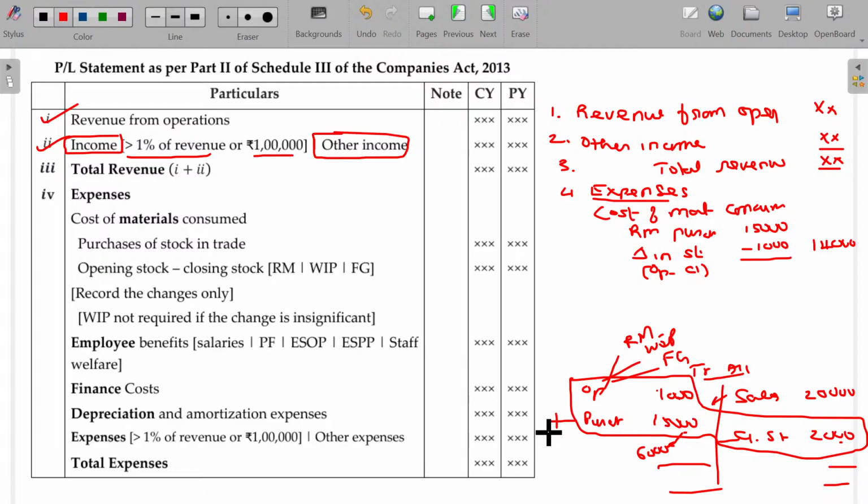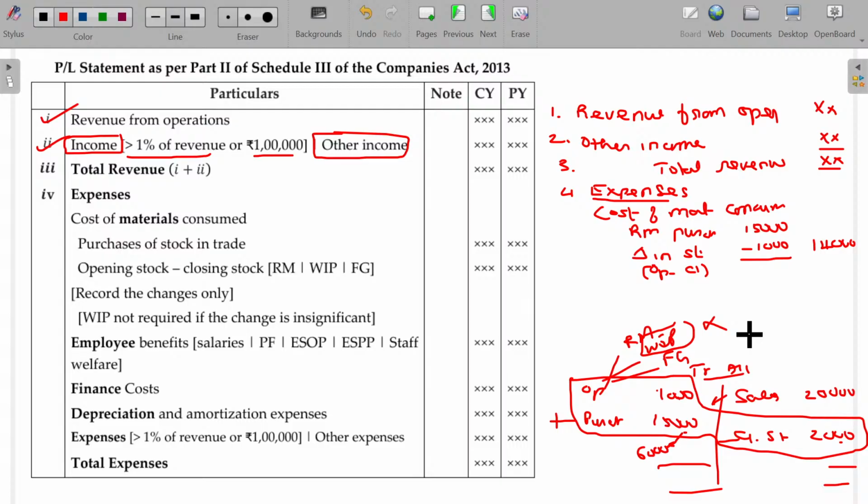You have to do the same operations for all three. But what about the work in progress, sir? Usually, work in progress is skipped, unless a huge change is noticed.